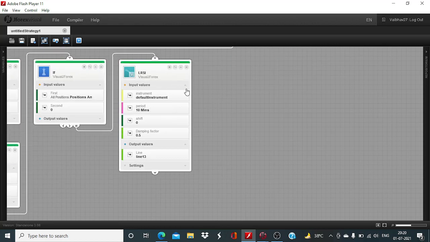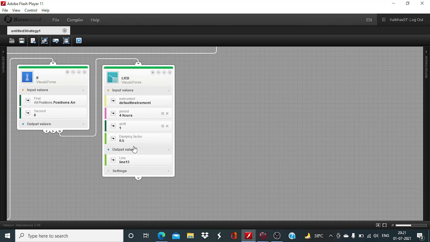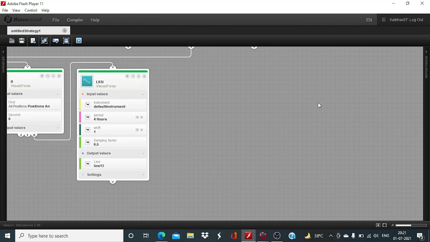Coming to these input blocks, input values for this block, I will change this candle period to 4 hourly, and the shift value is going to change to 1. Damping factor will remain the same.